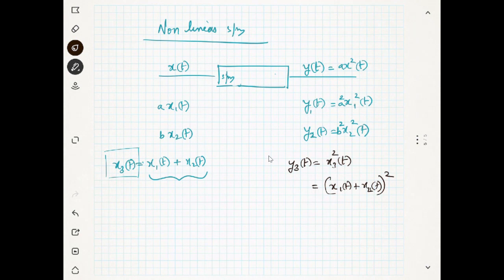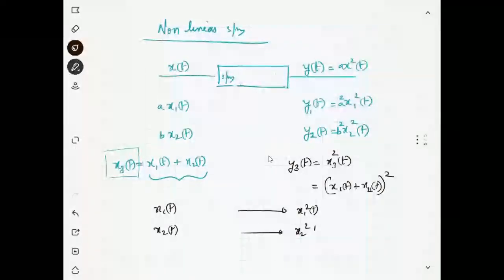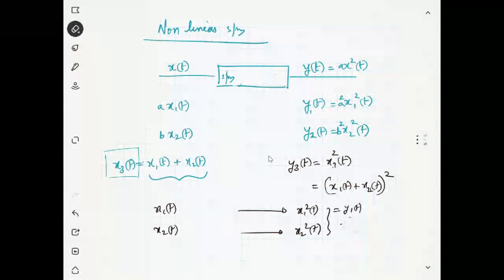Now if you give x1 of t, you are getting the output x1 square of t. If you give x2 of t, you are getting the output x2 square of t. And if you add both of these, this is nothing but y1 of t, and the other one is y2 of t.